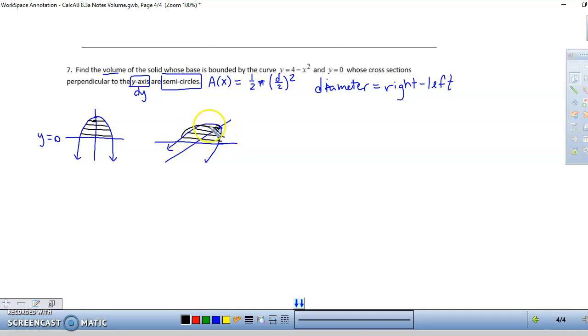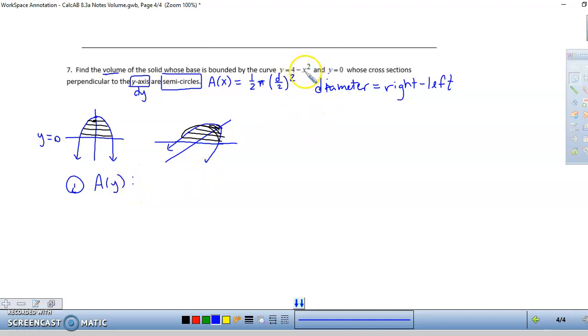So you get sort of this tent-looking thing that tapers down to the 4. So that's the volume that you are looking for. Okay, so using those semicircles and doing a dy, the first thing you want to do is figure out, and this time it's going to be a of y. Okay, so pause and try that on your own.